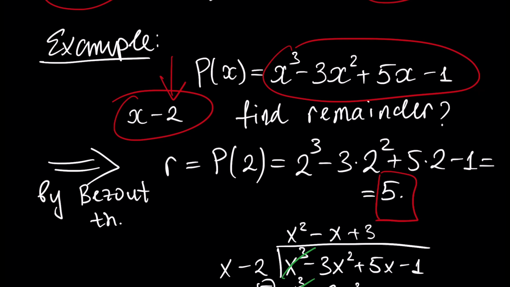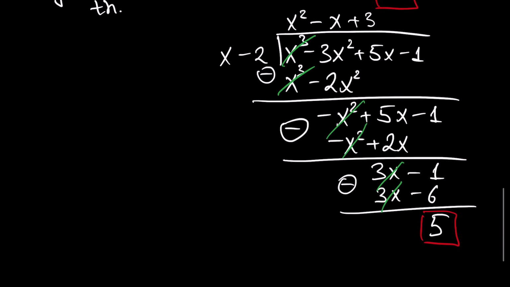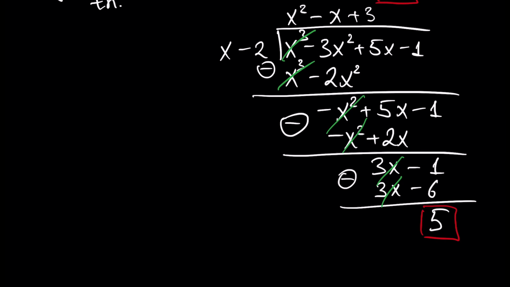That's why the degree of a remainder must be less than 1, which is 0. It must be a constant. So this is always a constant. We found this constant. It was 5, and we checked it using simple long division, and we proved that this is really number 5.